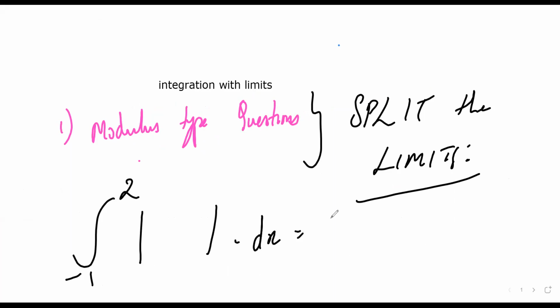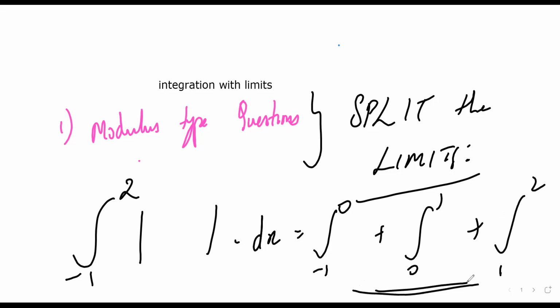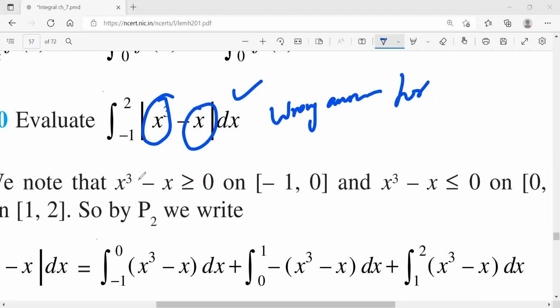So how do you split it? -1 to 0 and the modulus whatever is there here, plus 0 to 1, plus 1 to 2. Only if you do this splitting will you get the correct answer. If you directly integrate with the modulus, we won't get the correct answer. Clear to everyone? So we won't be getting the correct answer for the modulus type questions in this.